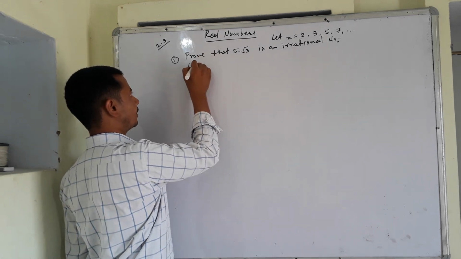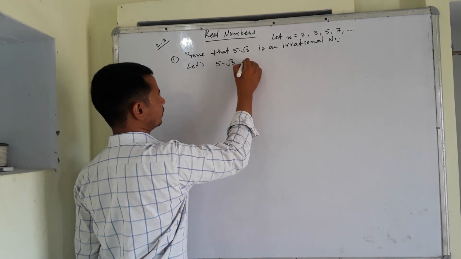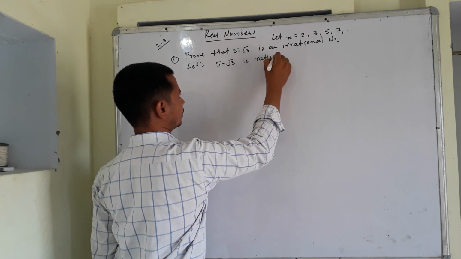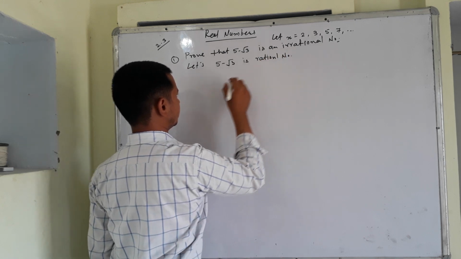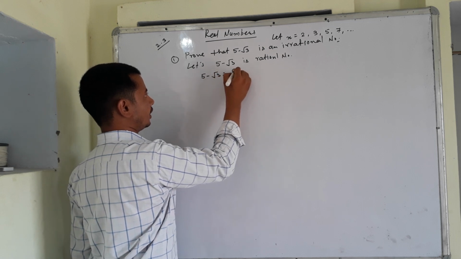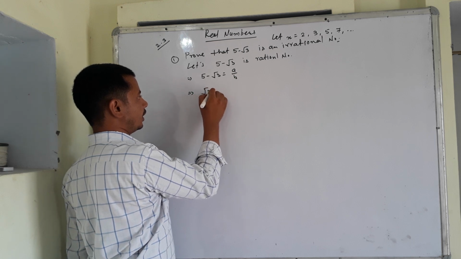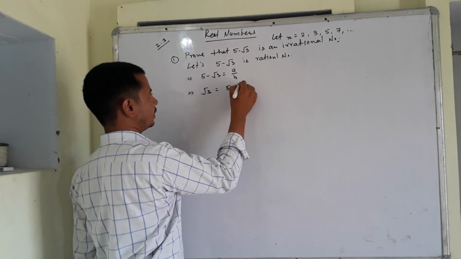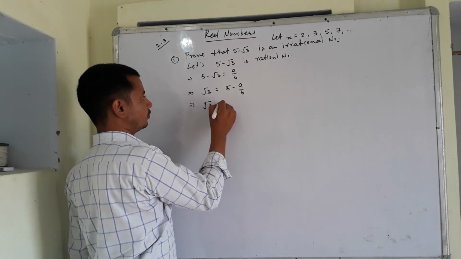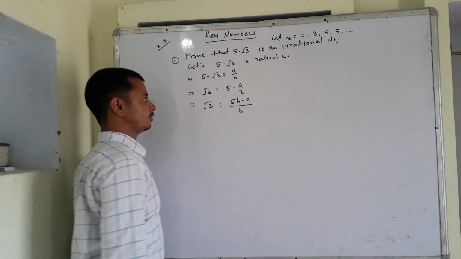Then let's assume 5 minus square root of 3 is a rational number. Then 5 minus root 3 equal a upon b, and we get the value root 3 equal 5 minus a upon b, and we can write it in the form root 3 equal 5b minus a upon b.